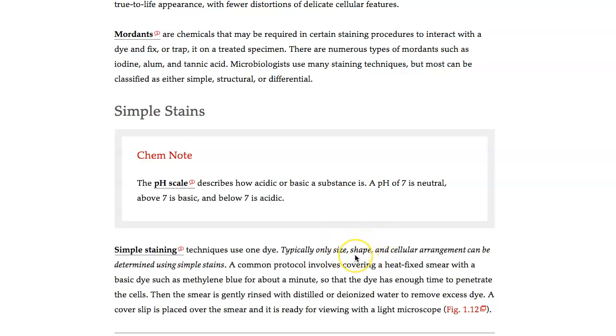And as I mentioned to you in last week's lecture, the shape of the bacterial cell is very, very important in its classification. And we talked about the fact that there are three basic shapes. There's the spherical shape, there's rod shape, and then there's a spiral shape. And there are variations on each of those themes, but using a simple stain can help us to see the actual shape and size of the bacterial cell.